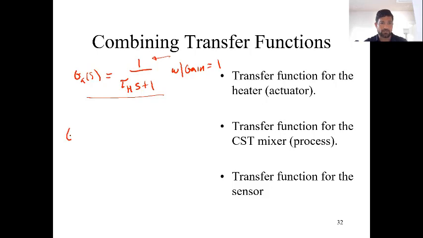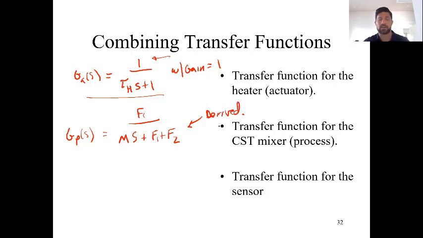Okay, so we derived previously the transfer function for a mixing process. We showed that it looks something like 1 over m times s plus f1 plus f2. Now this is not standard form, this is something that we derived for our process.